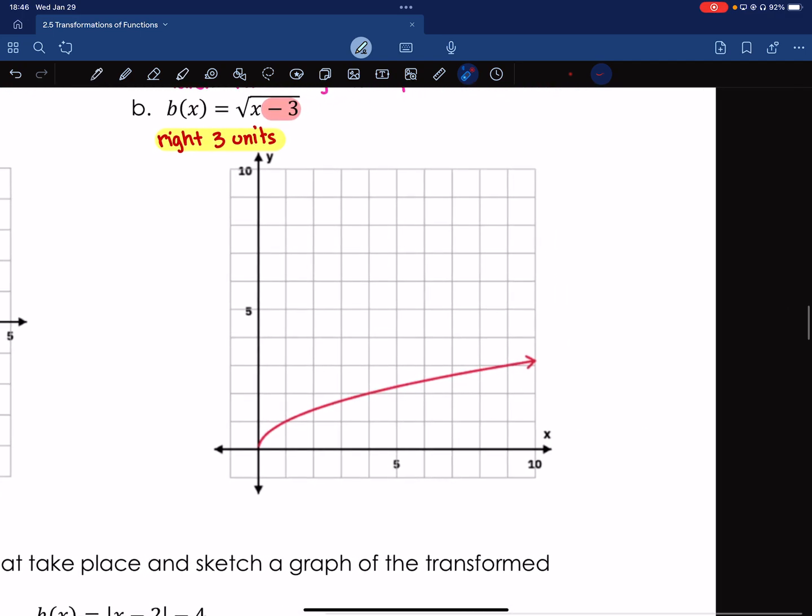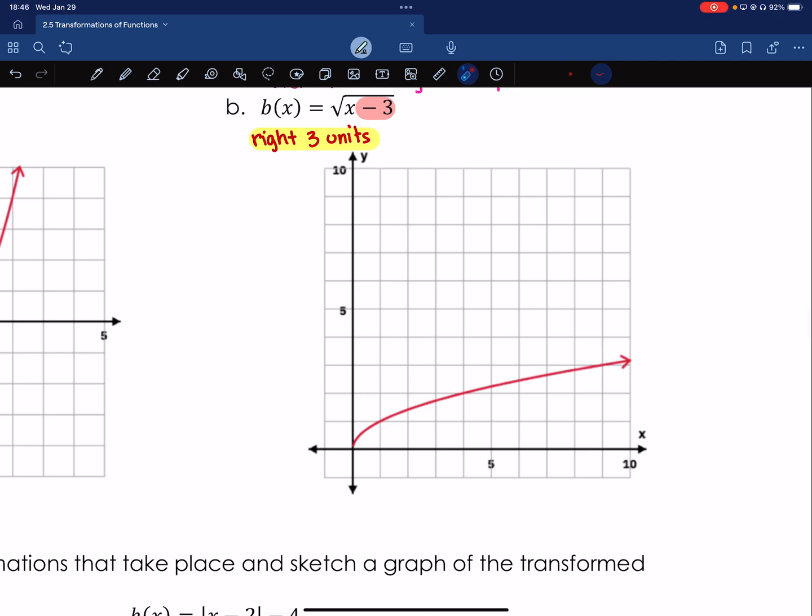So with this right here, again, you can take some points. So think about this going through perfect squares. So our perfect squares are 0, 1, 4, 9, 16, 25, so on and so forth. And so we want those numbers to be able to take the square root of. If not, it's going to be a decimal, which is fine.